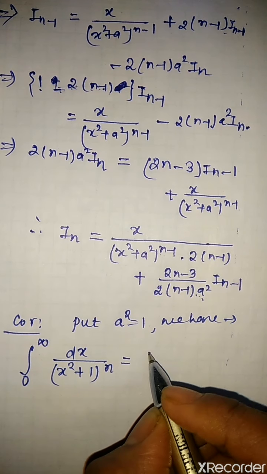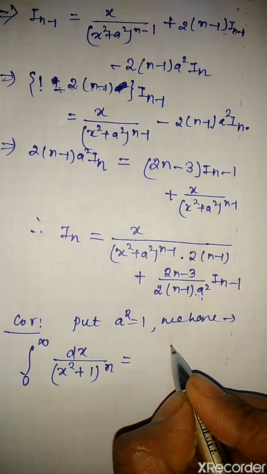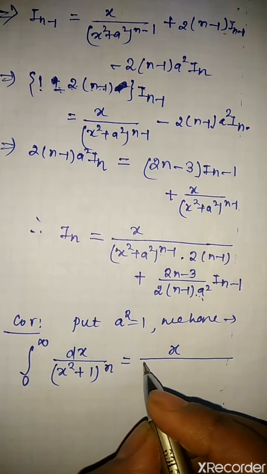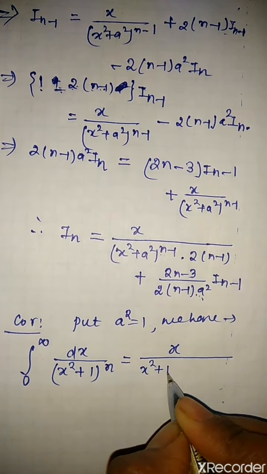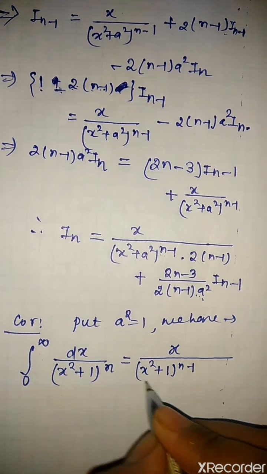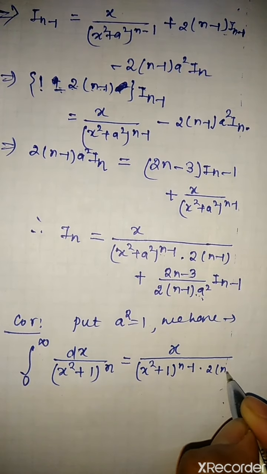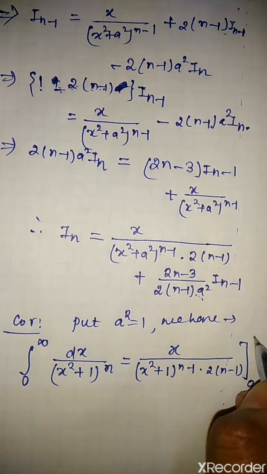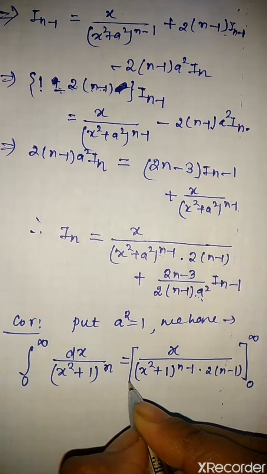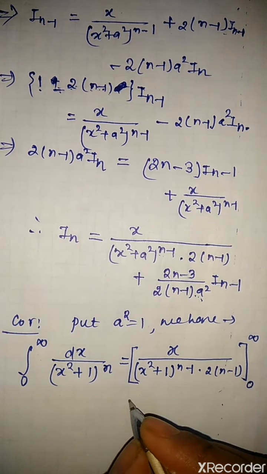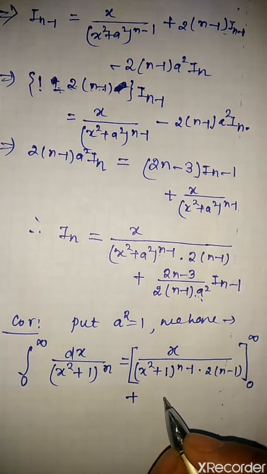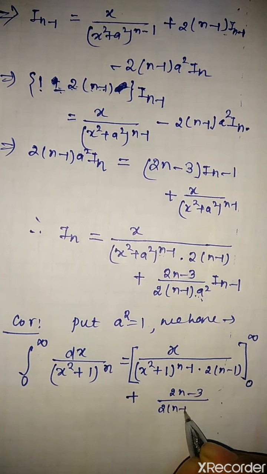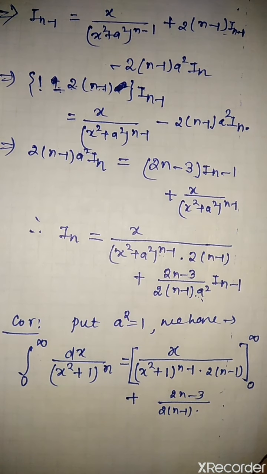Now the first thing is what? We are getting 1. So x divided by (x square plus 1) whole to the power n minus 1 times 2 times (n minus 1), and the limit is 0 to infinity. Fine. And then plus sign. Next is (2n minus 3) divided by 2 times (n minus 1) a square. So a square is 1.